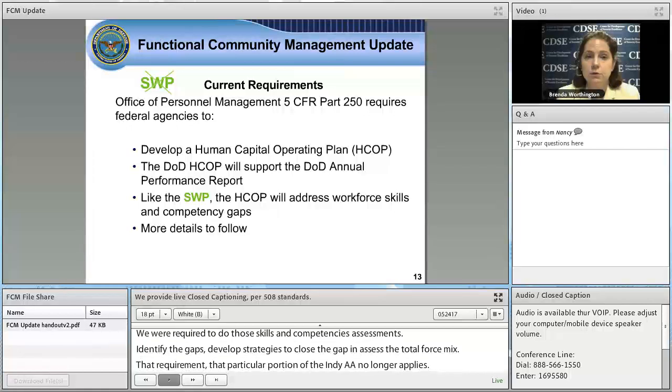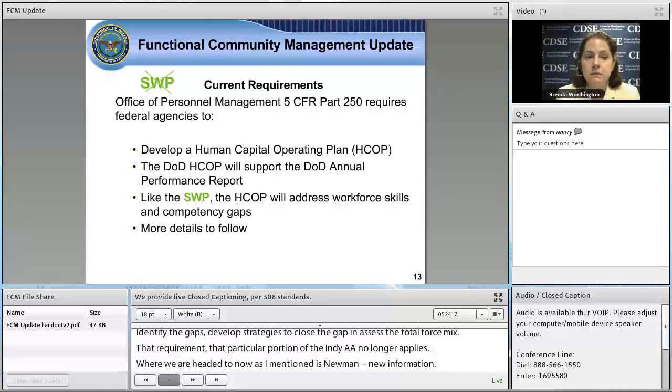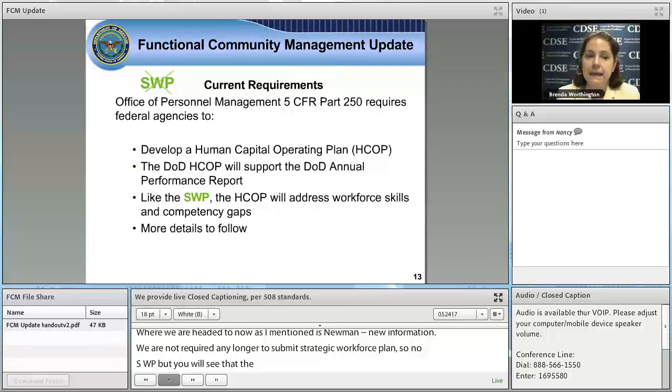We are not required any longer to submit a strategic workforce plan, so no SWP, but you will see that the new OPM federal regulation, the Code of Federal Regulations, this rule requires all federal agencies to develop a human capital operating plan.